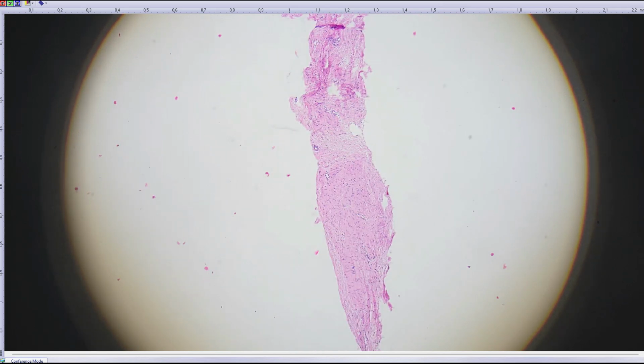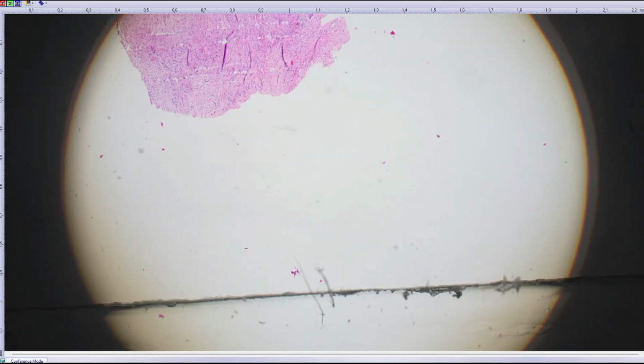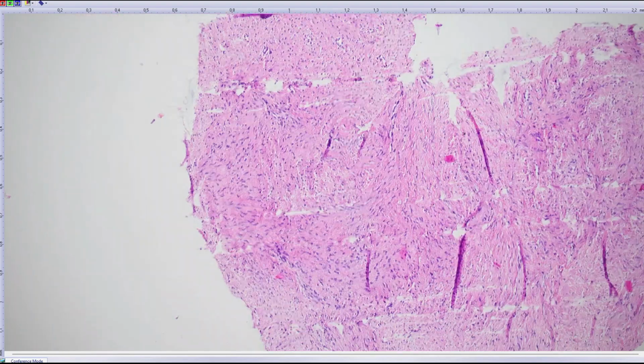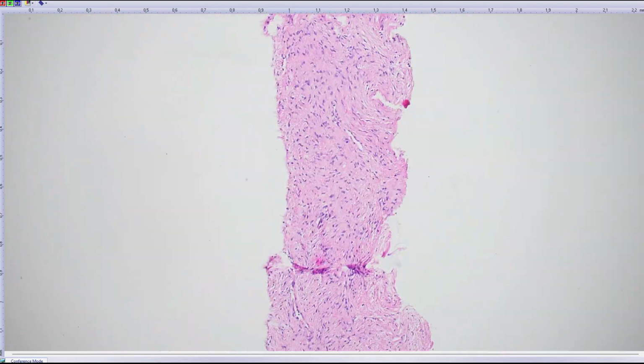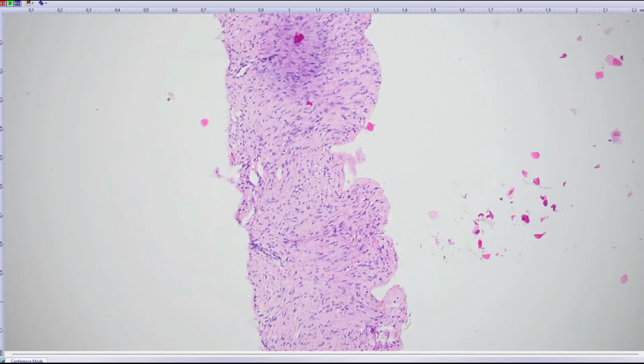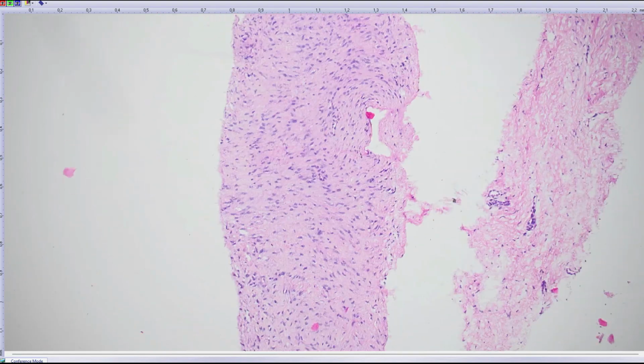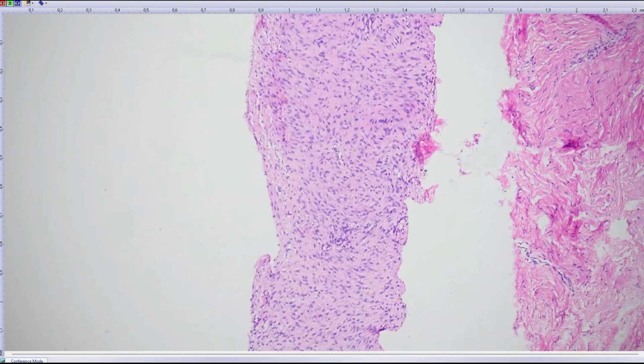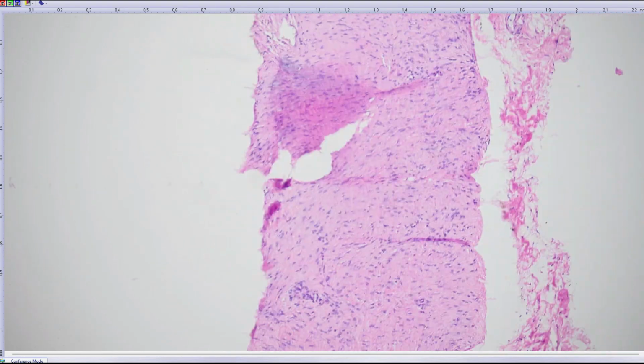Maybe there will be one more slide. It's better. Spindle cell lesion, collagenous stroma. Maybe mild atypia, but at most mild atypia.